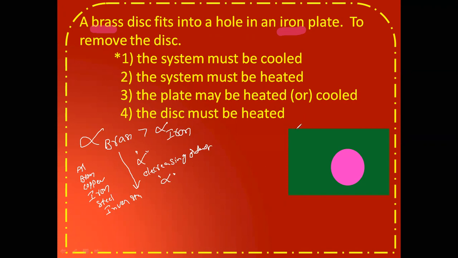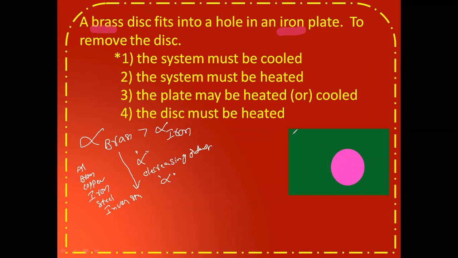So if alpha is less, what does it mean? It means the expansion is less during the rise in temperature of the solid, and the contraction is also less during the cooling.